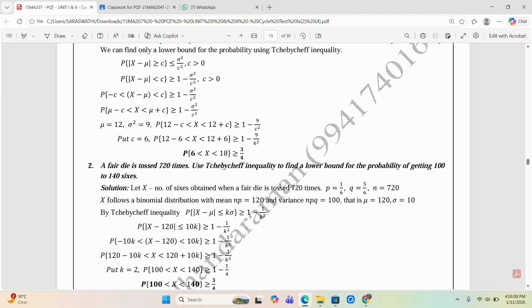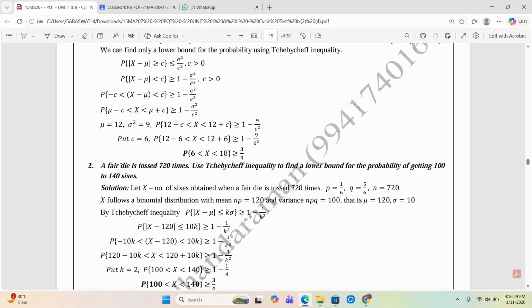So now we can use the binomial distribution for this. Already we have the binomial distribution formula: mean is equal to np and variance is equal to npq. So first we have to find the value of np and the value of npq. Here the question says a fair die is tossed 720 times, so clearly the value of n is equal to 720.